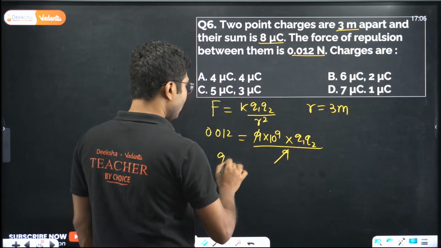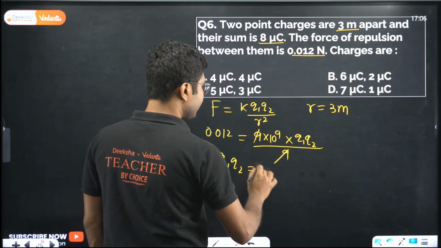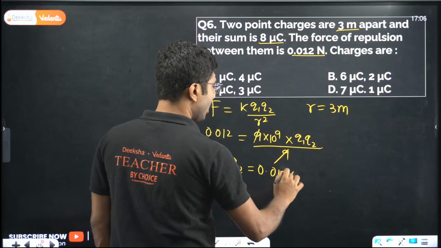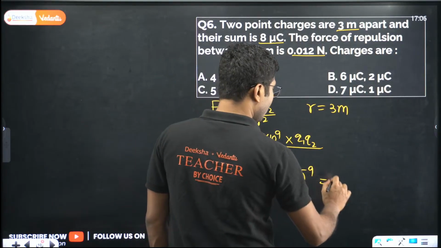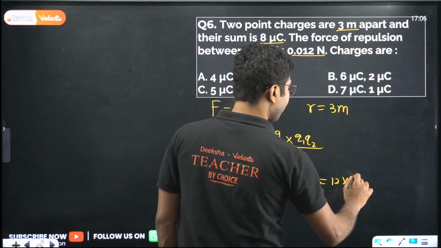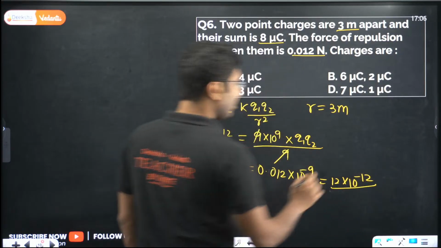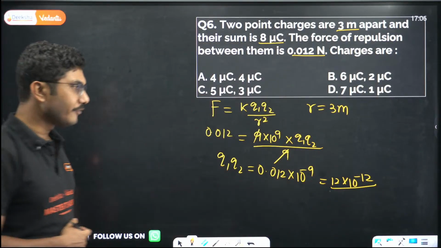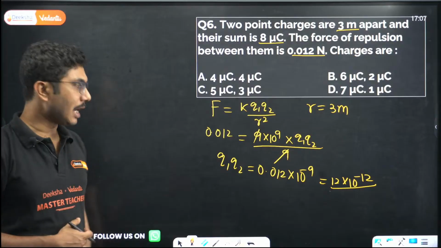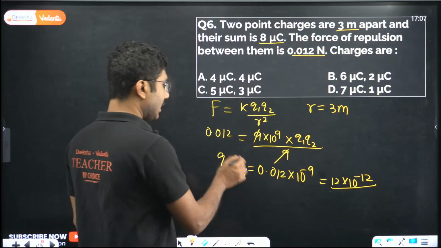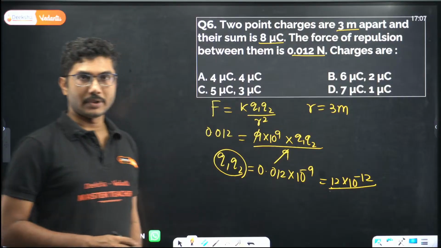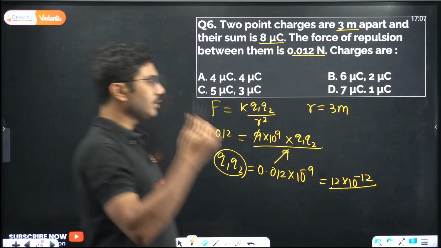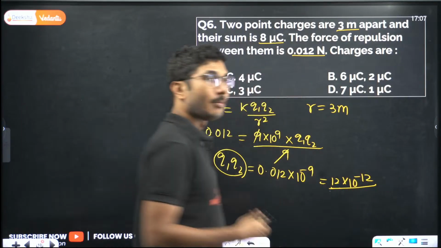So you get Q1 Q2 equals 0.012 into 10 to the power of minus 9, or 12 into 10 to the power of minus 12. Okay, so 12 into 10 to the power of minus 12. Now you are sure that, okay, if I multiply two charges, it must give me 12. Okay, microcoulomb, obviously 10 to the power of minus 12 represents microcoulomb.